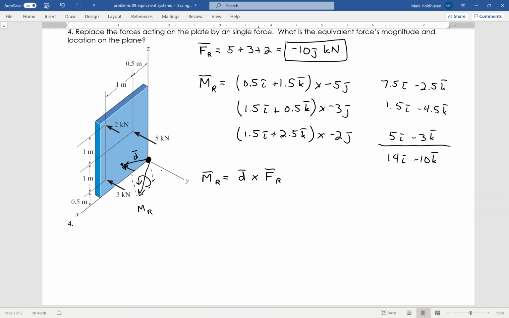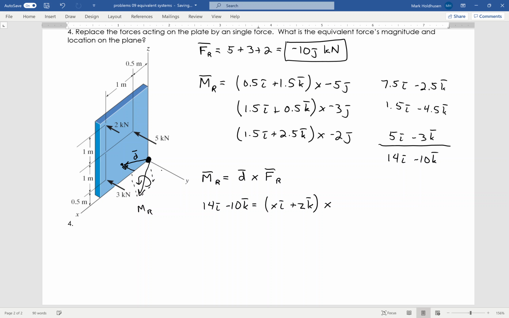So I'm going to move some amount X, some amount in the Z to figure out exactly where to place this guy. So my resultant moment that I just calculated is 14I minus 10K. My D, I'm just going to say some X value in the I direction plus some Z value in the K direction. So some X, Z coordinates that I've got to figure out.